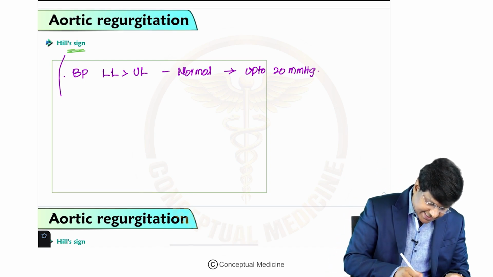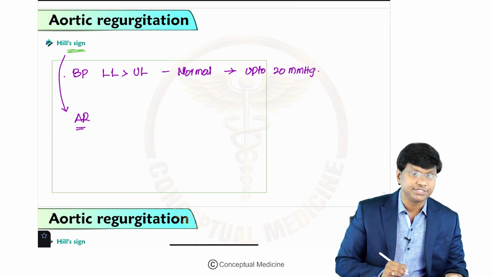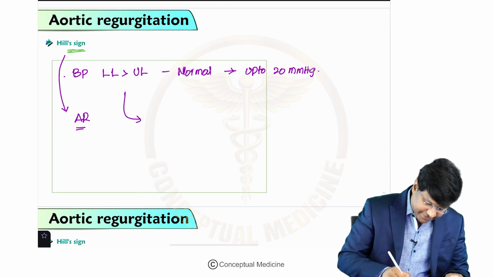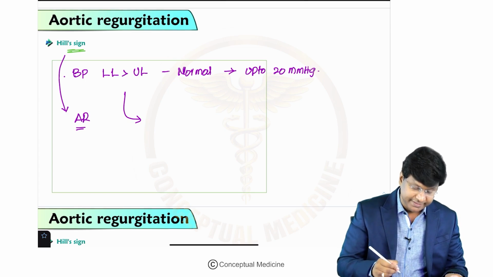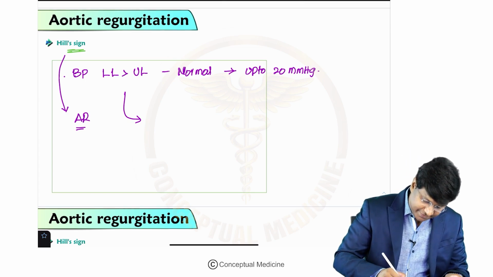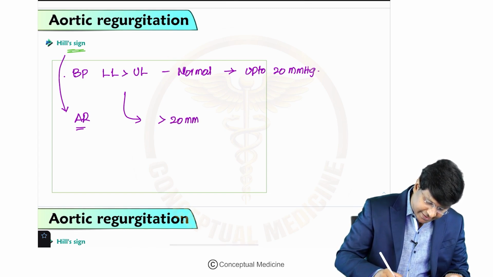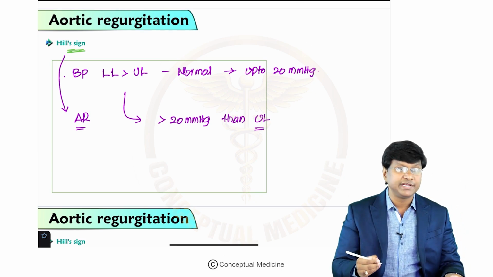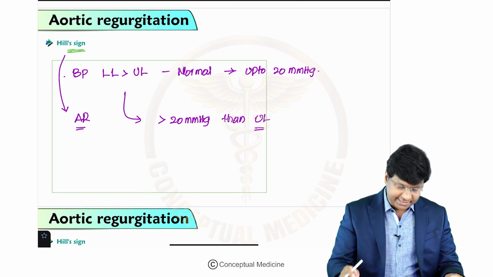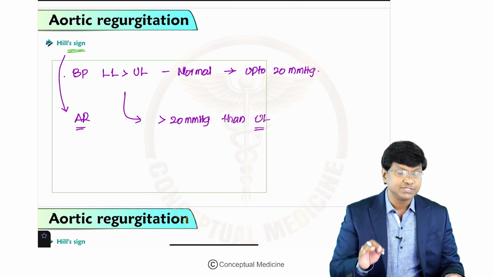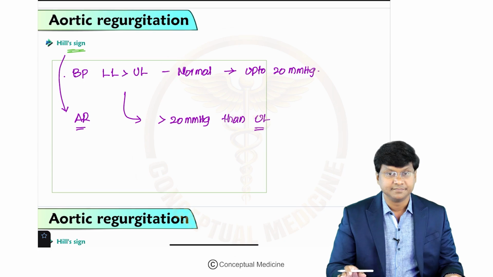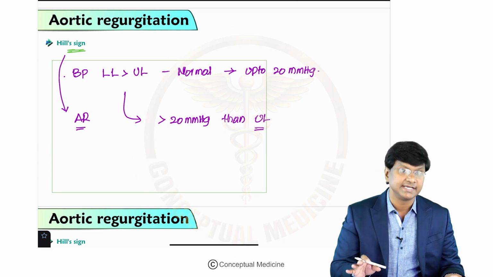Whereas in Hill's sign, which you will have in aortic regurgitation, if you compare the blood pressure of the lower limb to that of the upper limb, the blood pressure in the lower limb will be more than 20 millimeters of mercury higher than the upper limb. That is what is called Hill's sign.